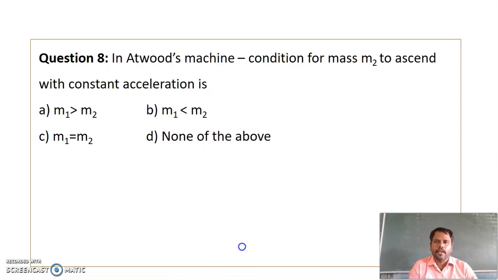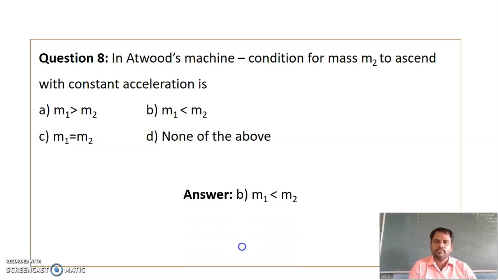Question 8: In Atwood's machine, the condition for mass m2 to ascend is, if m2 should move upwards, then m1 should be greater than m2.